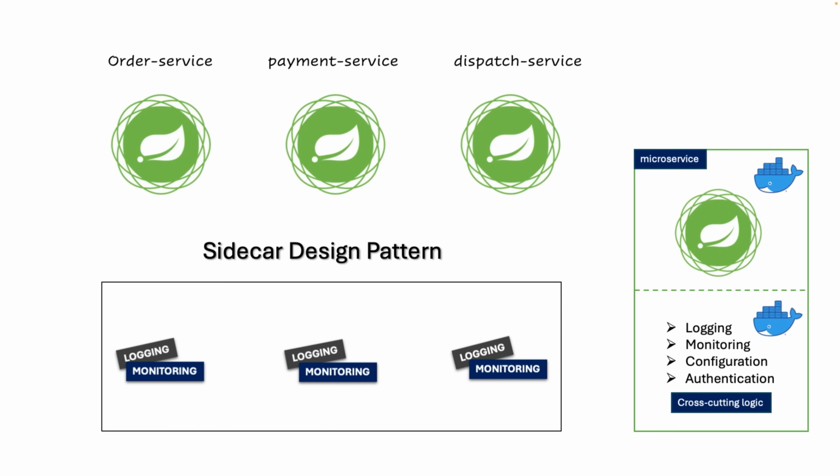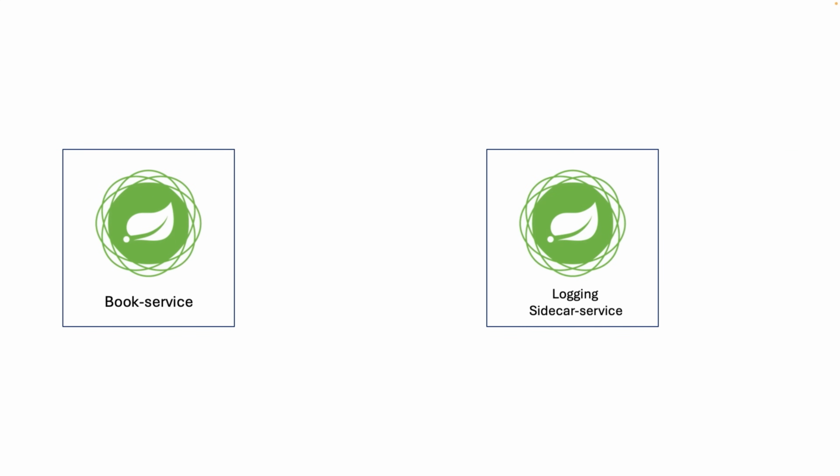Basically, to demonstrate the sidecar pattern, we'll create two microservices: book service, which handles all the business logic, and a sidecar service for logging. Currently we'll focus on only one cross-cutting concern, that is logging, and both microservices will run in their own container.